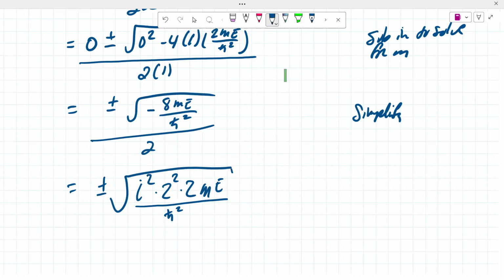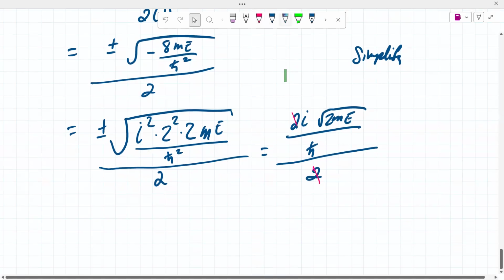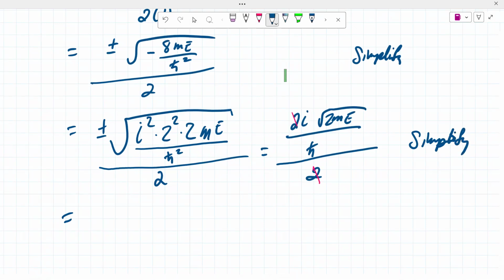That's all underneath the square root symbol, just in case. So now that means we can pull out a 2i root 2me over h bar, just an h bar. And then this is all over 2. So that means we now have that canceling out. So the final answer, this is all simplified. The final is plus or minus 0 plus or minus root 2me over h bar times i.